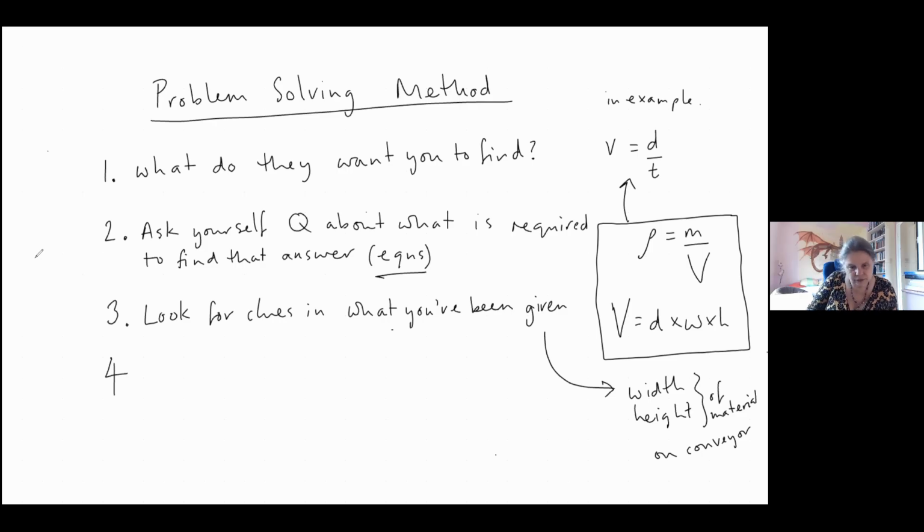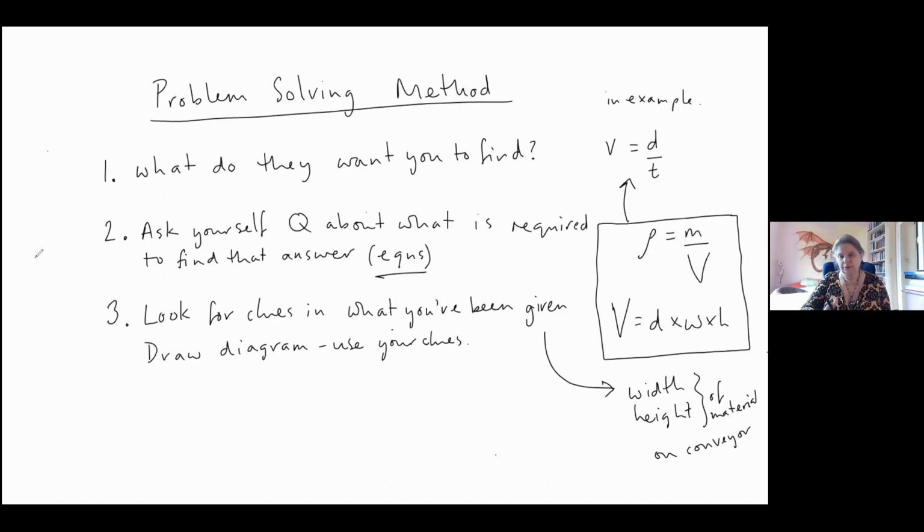So the next thing is, look for clues in what you've been given. And in fact, can I add in this extra little bit, which is draw the diagram. Use your clues, because in this case it was a mechanics question. It's about something moving, and they want to know a speed.